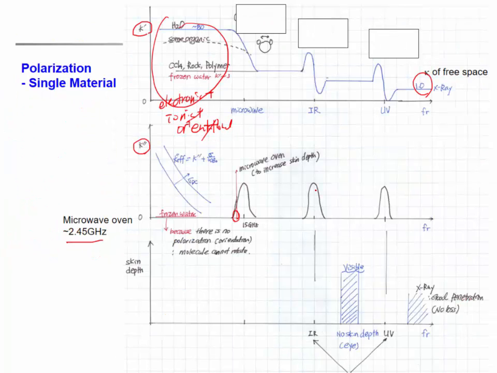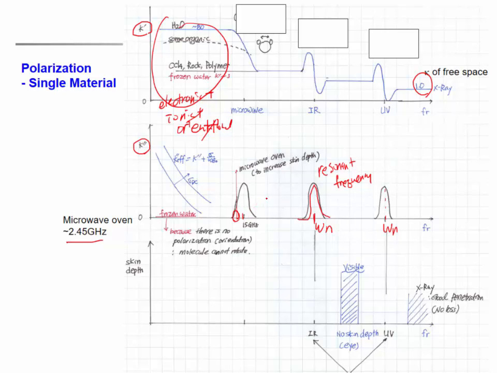So here you have a bell-shaped curve with the center at the resonant frequency, omega n, and here also you have the resonant frequency at omega n.